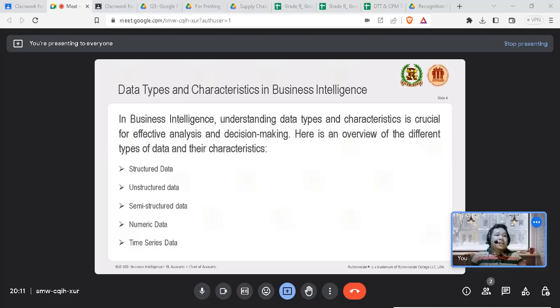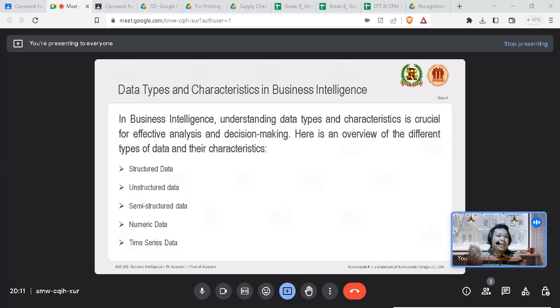It's worth noting that not all data within an organization is structured. There's also unstructured and semi-structured data, for example emails, social media feeds, documents, and multimedia.